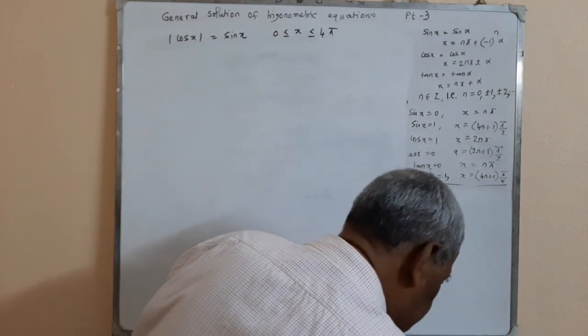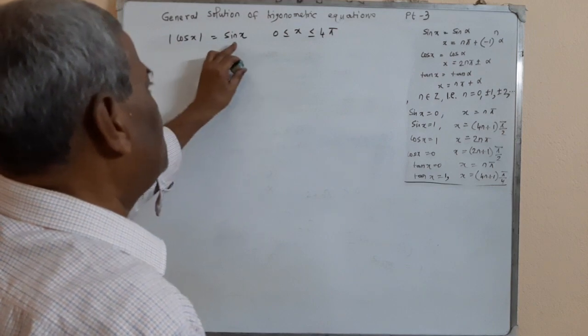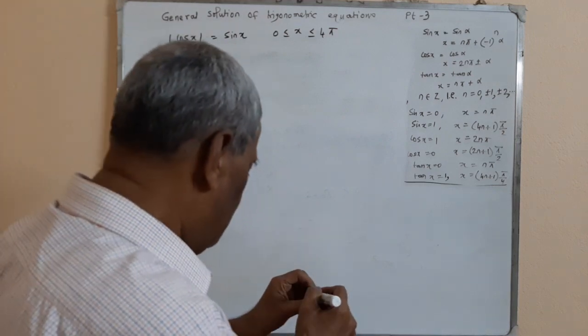Now this is a typical type of problem. |cos x| = sin x, we have to solve it.